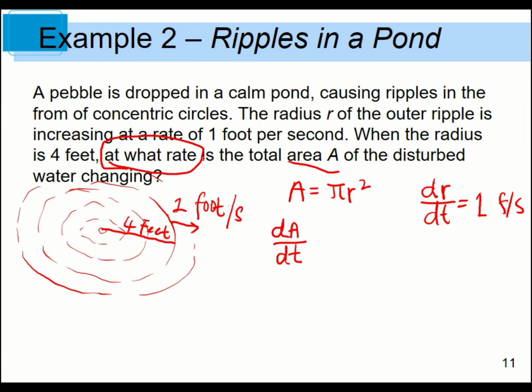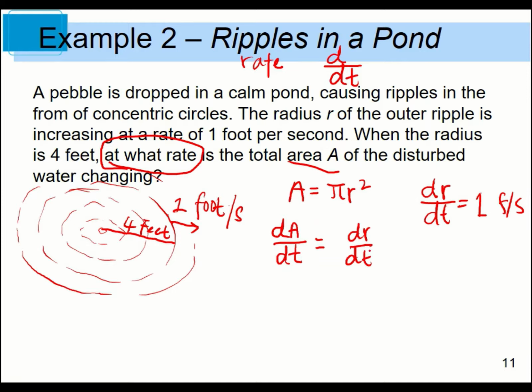Remember, when we have a related rate, we differentiate something with respect to t. In this case, it's the differentiation of area with respect to time. So this is what we want, dA/dt, and we have dr/dt and also the formula of area.